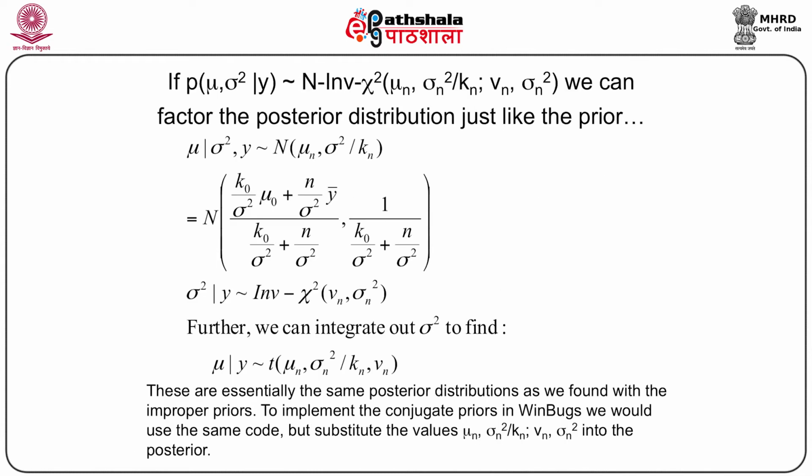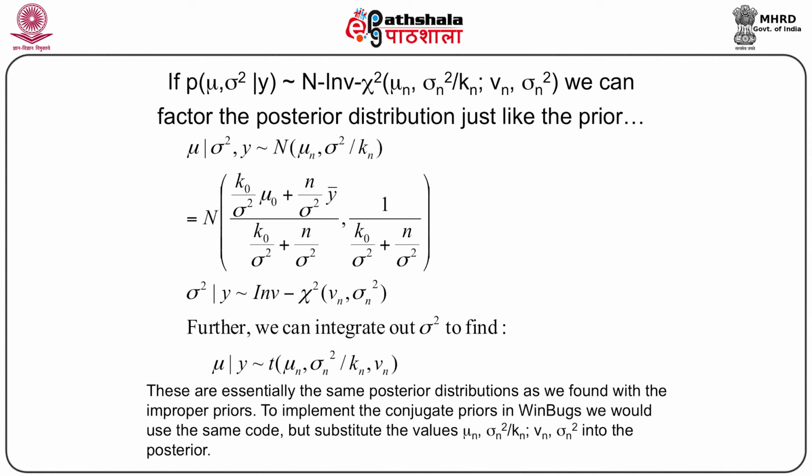Now we can also factor the posterior distribution just like the prior. So in summary, after the factorization, mu given sigma square, y is normal with mean mu n and variance sigma square over kn, where the expressions are given there. And further we can integrate out sigma square to find mu given y is a student t distribution with parameters given in the slide.